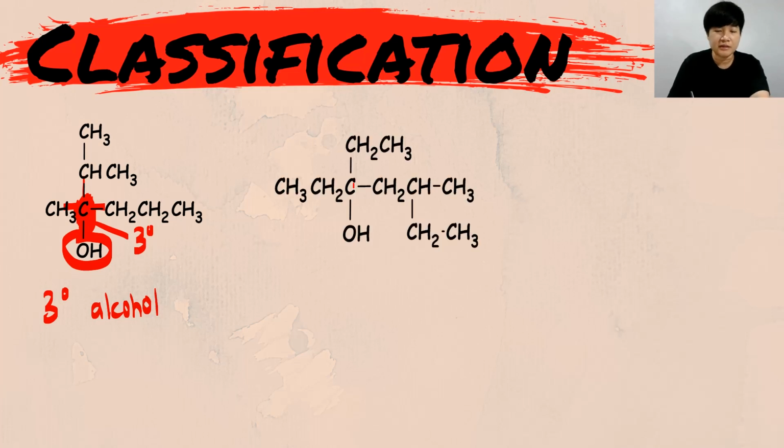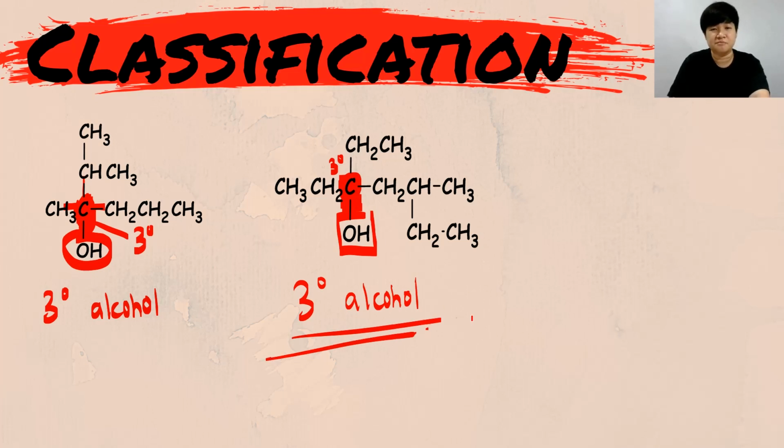Another example. It doesn't matter how big your alcohol is. What matters is which carbon is holding the OH group. So this carbon is the one that we need to classify only. And this carbon obviously is a tertiary carbon. Automatically, this one will be your tertiary alcohol. Easy, simple.